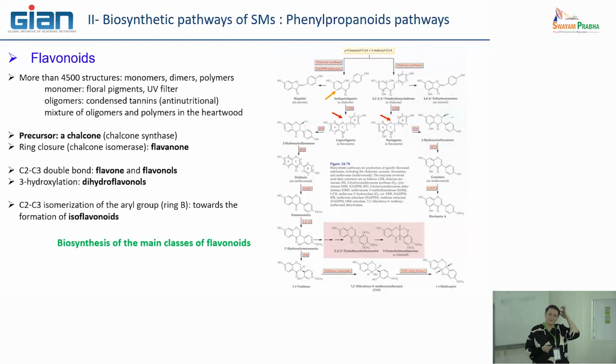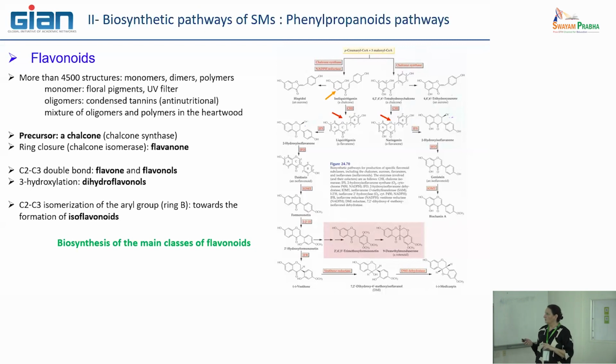So it means that if in one cell or in one plant you modify the activity of one of these enzymes, you can completely rearrange the balance between all of the branches. So you can increase a part of this phenylpropanoid pathway while you have a decrease of another part.